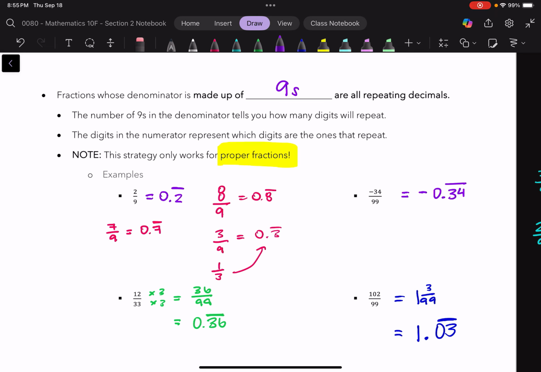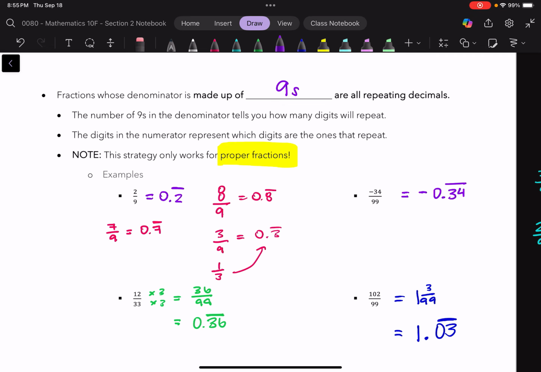So if I ever had improper fractions, fractions whose value is greater than 1, I had to turn into a mixed fraction first and then use my strategy, using the whole number as the value prior to the decimal place and the proper fraction to convert the decimal value after that decimal place, that repeating portion.